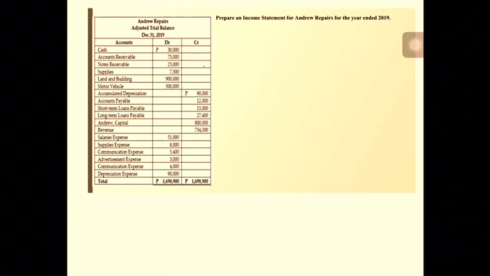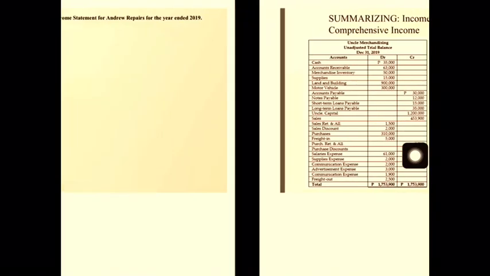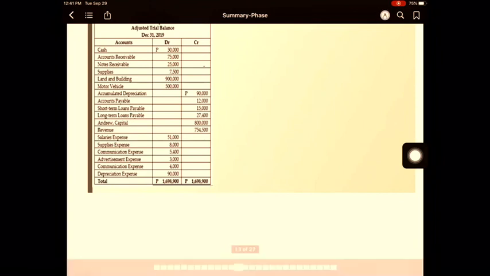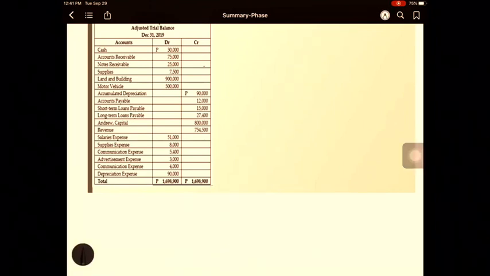In writing the heading, it is always a three-liner heading, because we should start by writing the name of the business first. This is how you should write the heading of a financial report. The first line is the name of the business. It should be centered.